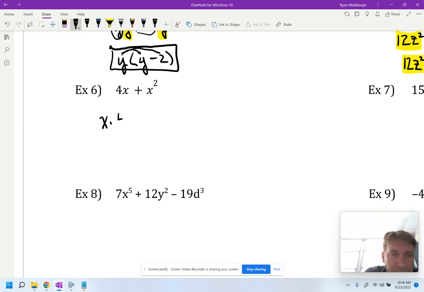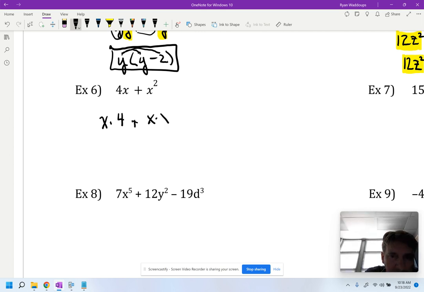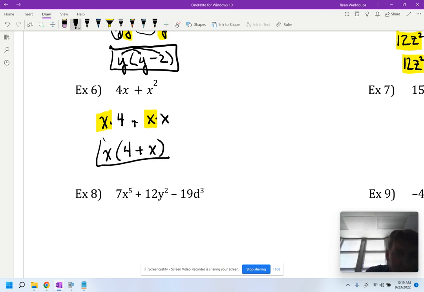So I'm going to write x times 4 plus x times x. And then mentally I'm going to do what I'm highlighting here. I'm going to say they both have that x in common. So that I'm going to take out x times 4 plus x. And that is factored.